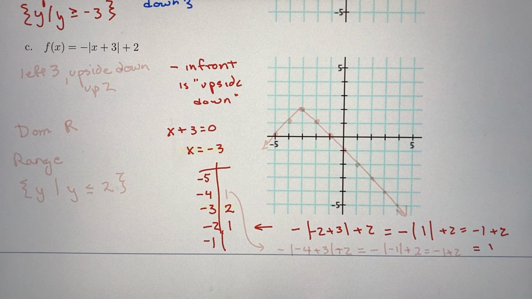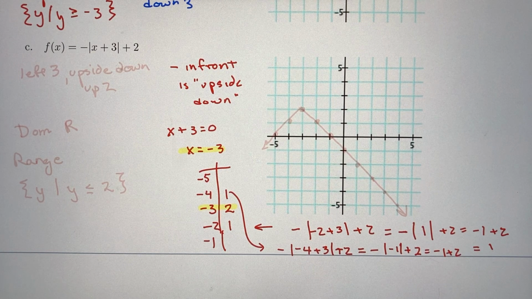Okay, so this is 1. And if I do -4, it's also 1. So this -3 really is the turnaround point. I'll highlight it.